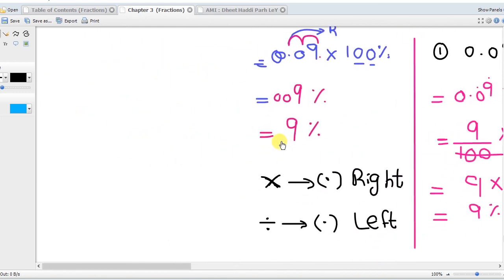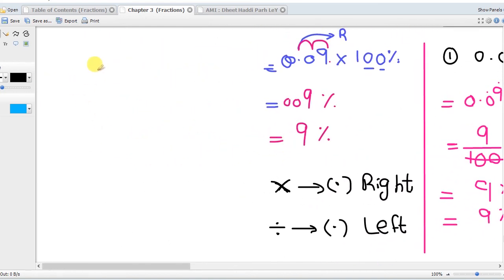Okay, one more thing before moving on to the next question. Let me tell you why we are always multiplying by 100% whenever we have to convert a number into a percentage. So see, this is 100%. I've already written 100, and percent we have already discussed. Percent means per means divide, and cent means 100, right?